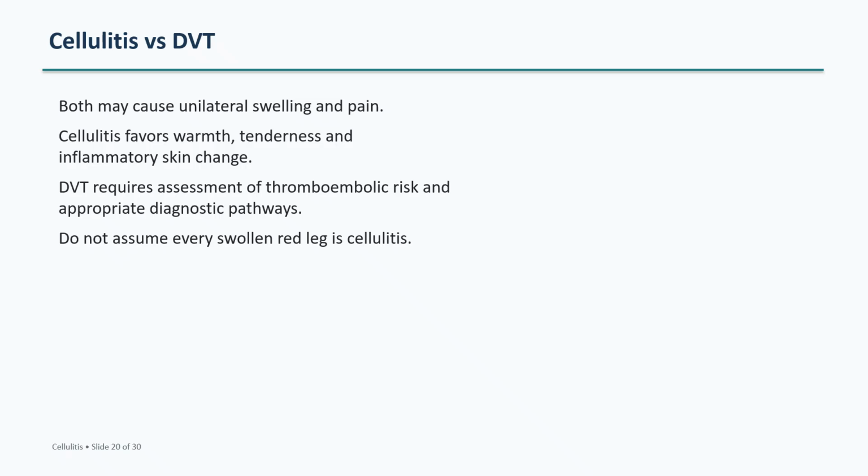Here in this slide, we will try to differentiate cellulitis versus DVT. Cellulitis and DVT both may cause unilateral swelling and pain, whereas in cellulitis we see warmth and tenderness and inflammatory skin changes, whereas DVT requires thromboembolic risk assessment, and we have to see what the appropriate diagnostic pathways for DVT are.